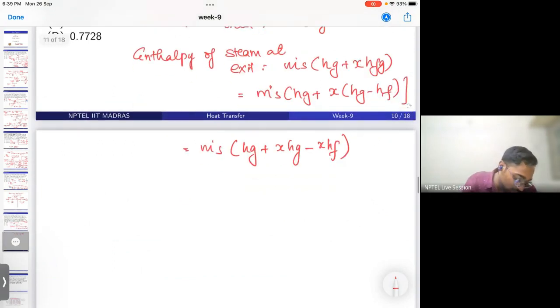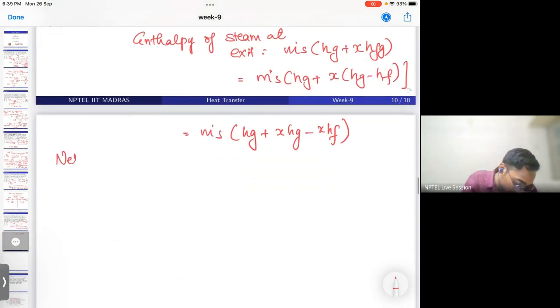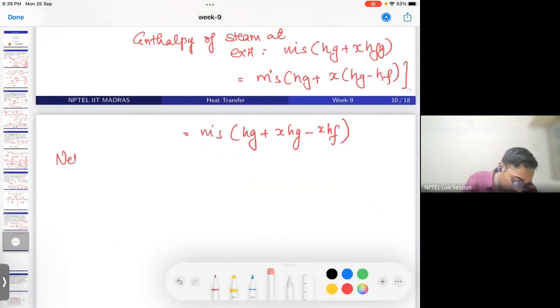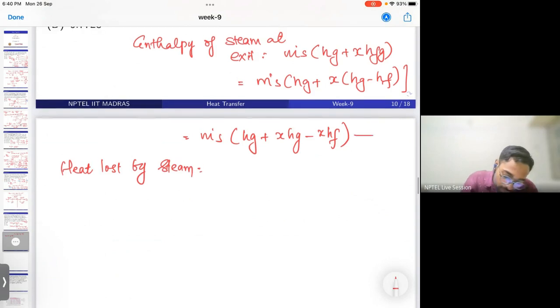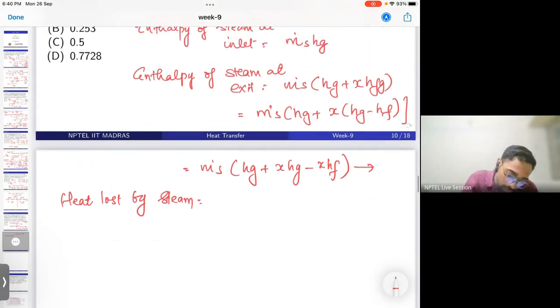So what is the net heat transfer? That is the heat lost by steam. This is one minus two, right?